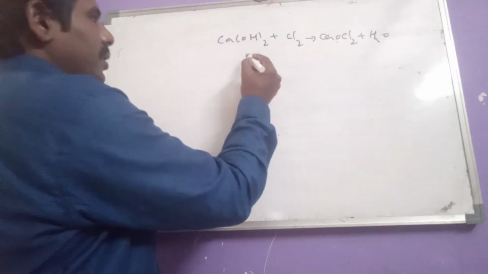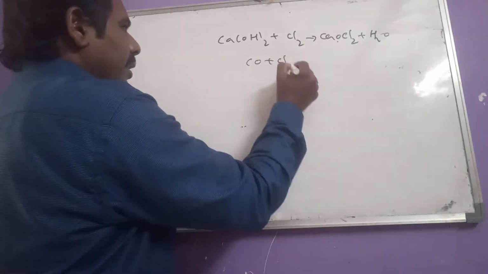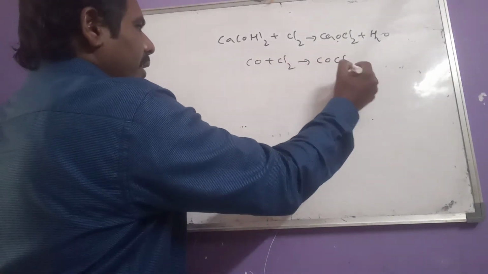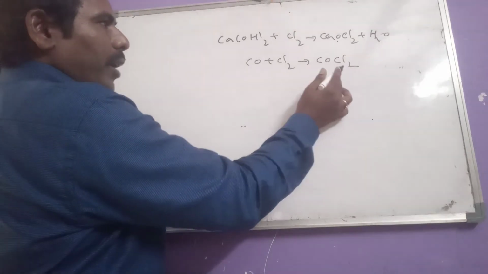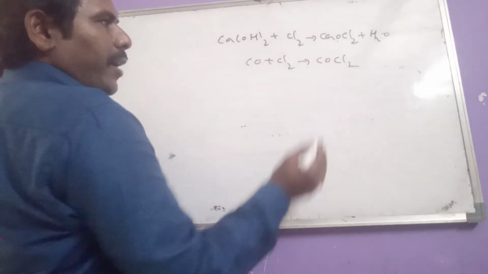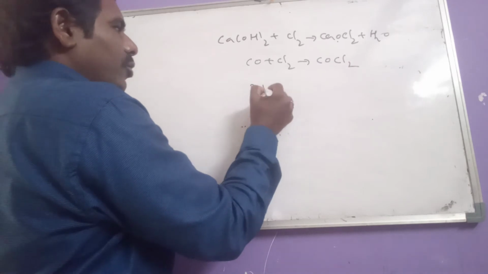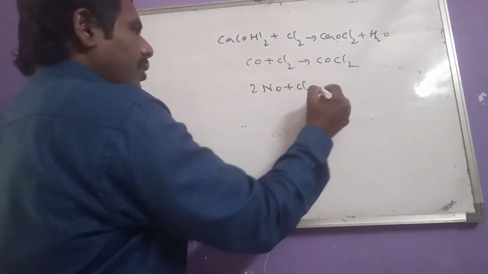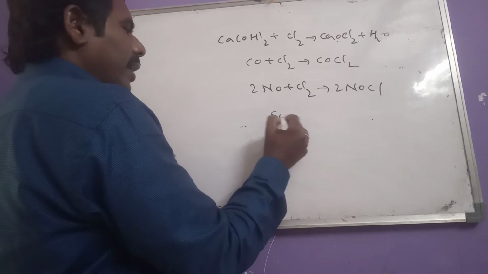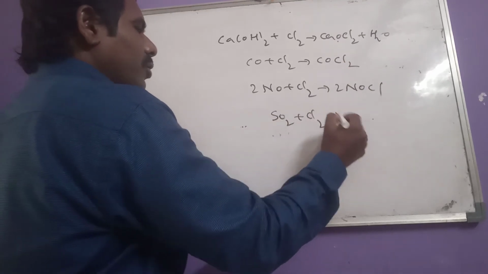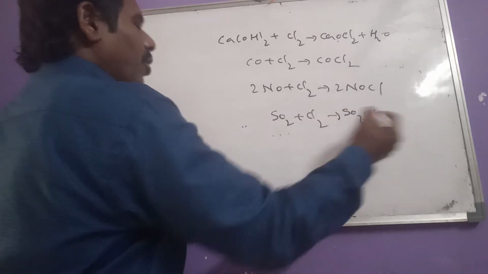CO plus Cl2 gives COCl2, which is phosgene or carbonyl chloride. It is a poisonous gas. And 2NO plus Cl2 gives 2NOCl, and SO2 plus Cl2 gives sulfuryl chloride.